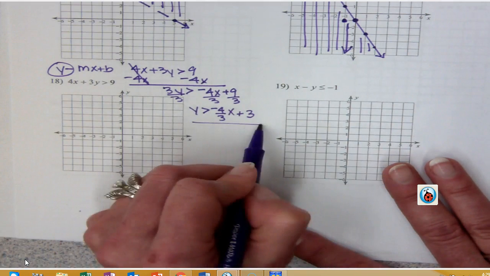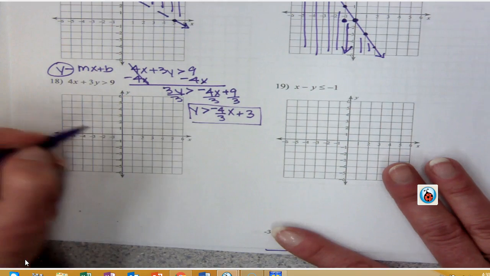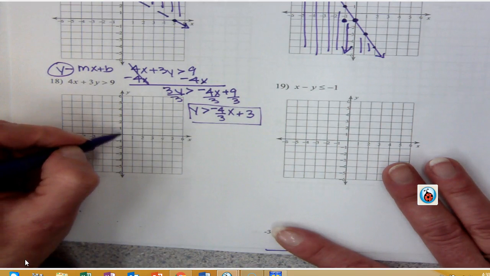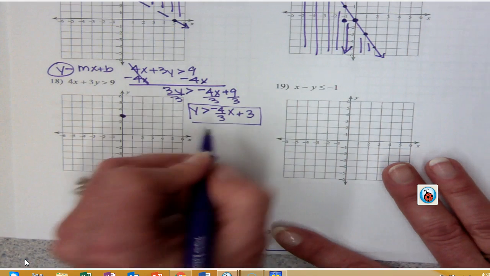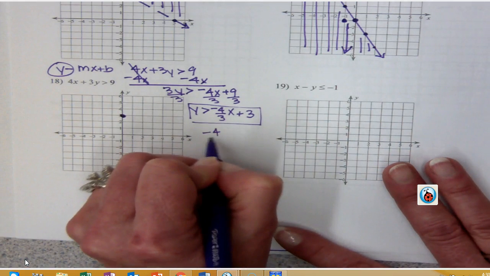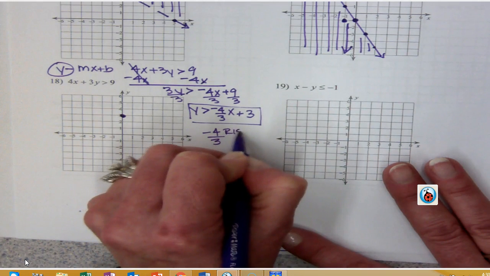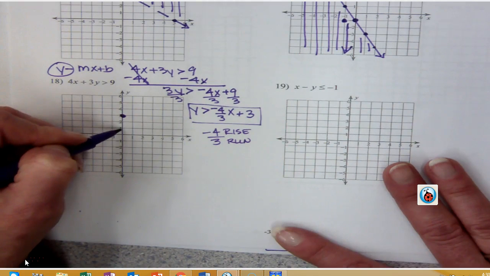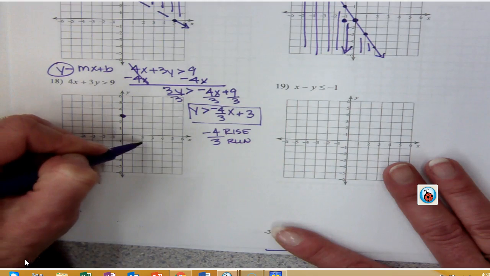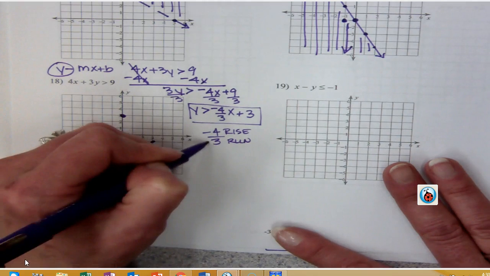So I can graph this, and I'm going to go up to positive 3. My slope is -4 over 3, so this is my rise, this is my run. Go down 1, 2, 3, 4 over 1, 2, 3.